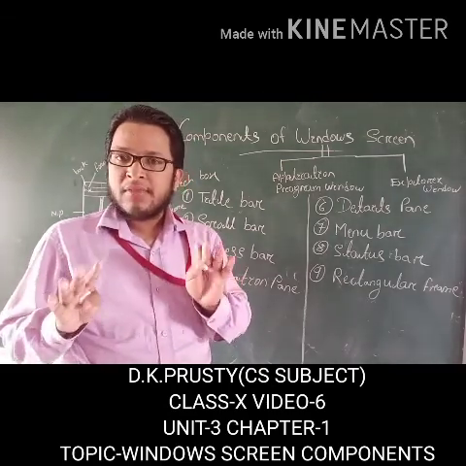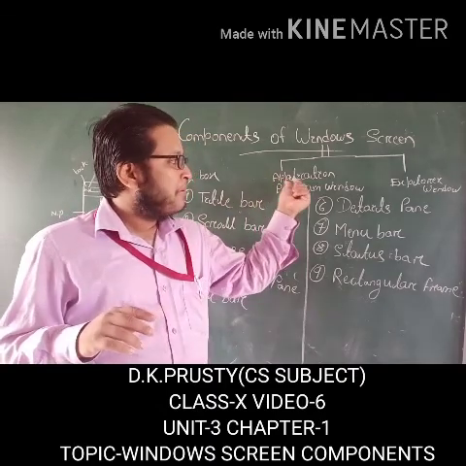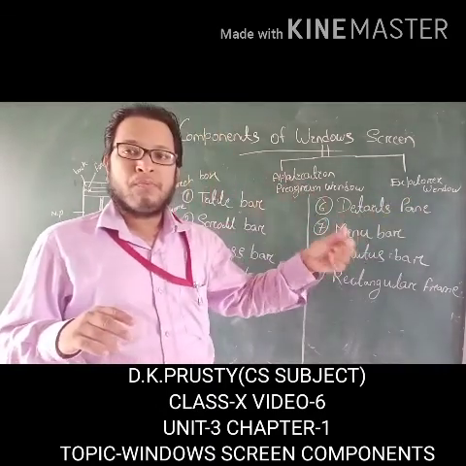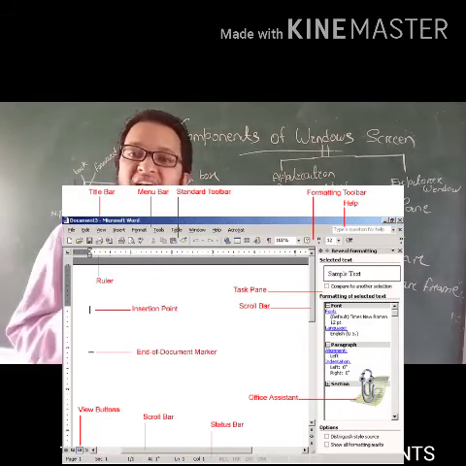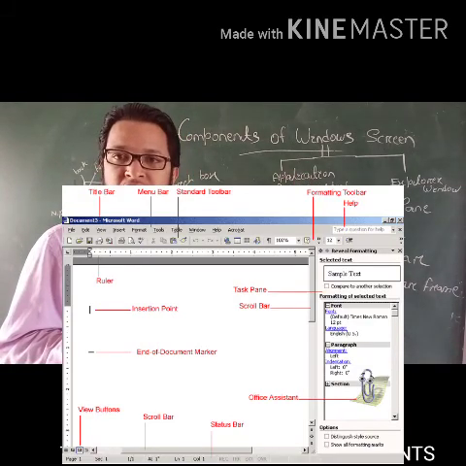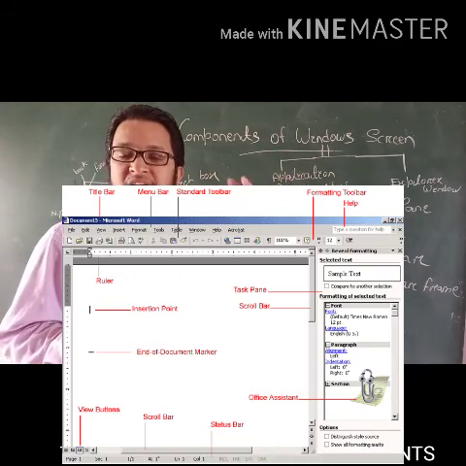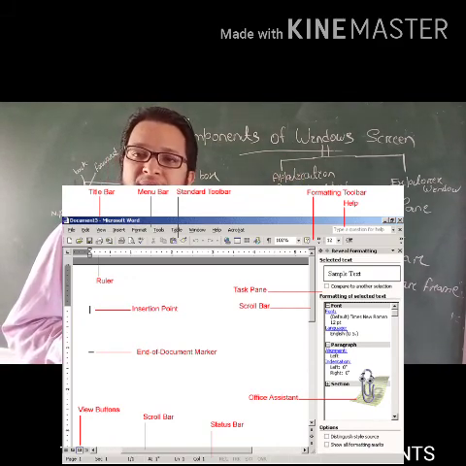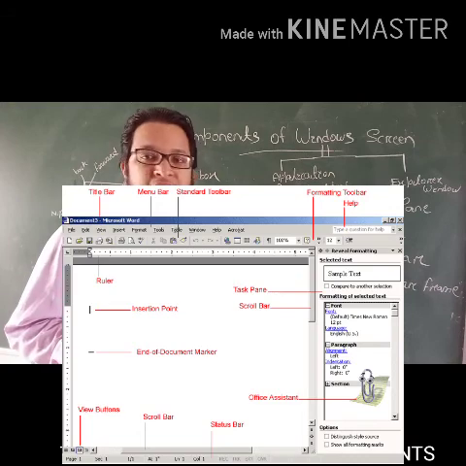Some components are similar in the application program window and the explorer window. Is that clear or not? So the application program window is an application type of program like WordPad, MS Word, MS Excel, MS PowerPoint.